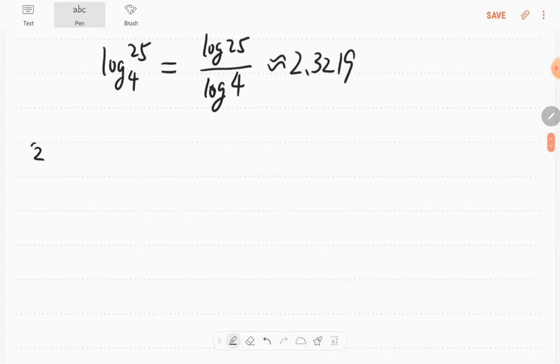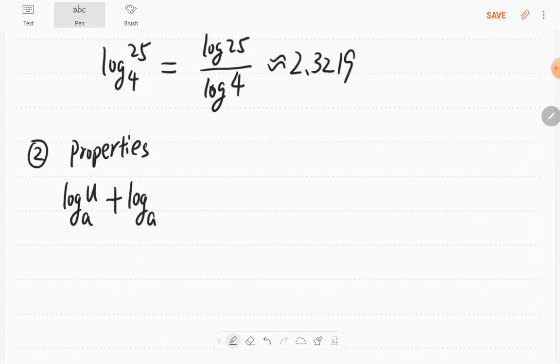Now the second part is some properties. The first one is if you have log base a of u plus log base a of v, it's equal to log base a of u times v.